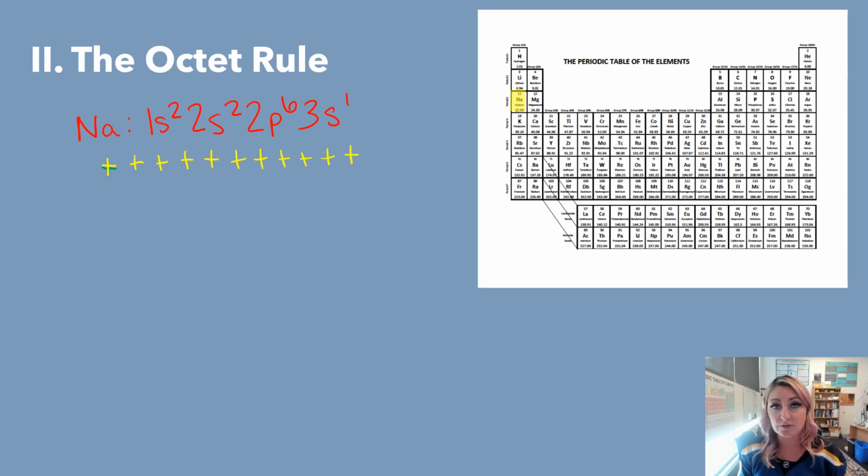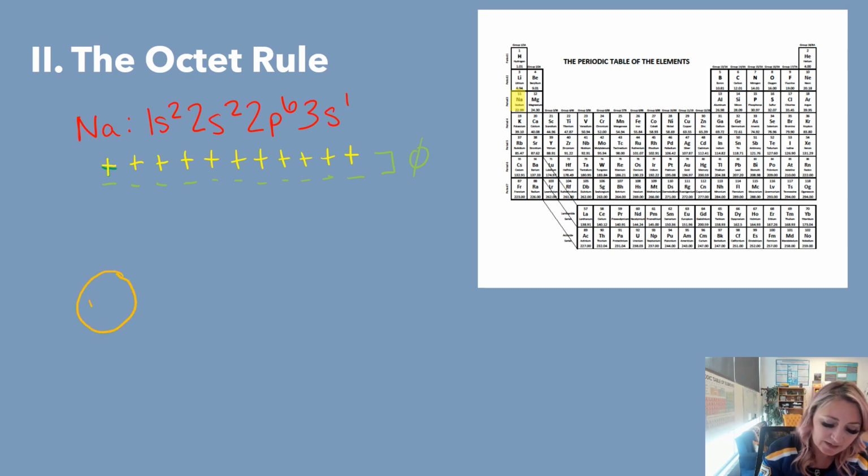And when it's neutral, it also has 11 negative charges. So let's put that in. 1, 2, 3, 4, 5, 6, 7, 8, 9, 10, 11. So normally these positive and negative charges would cancel each other out. You have 1 positive charge for every negative charge. It's neutral. It's happy.